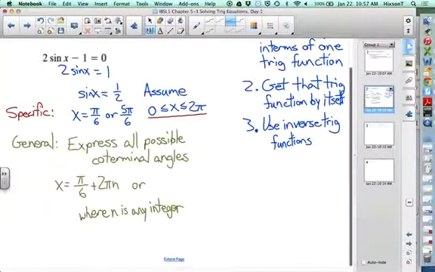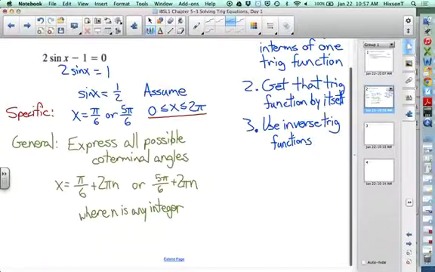We don't have to do minus because n is an integer, so n can be negative. And those are the general solutions for that equation.